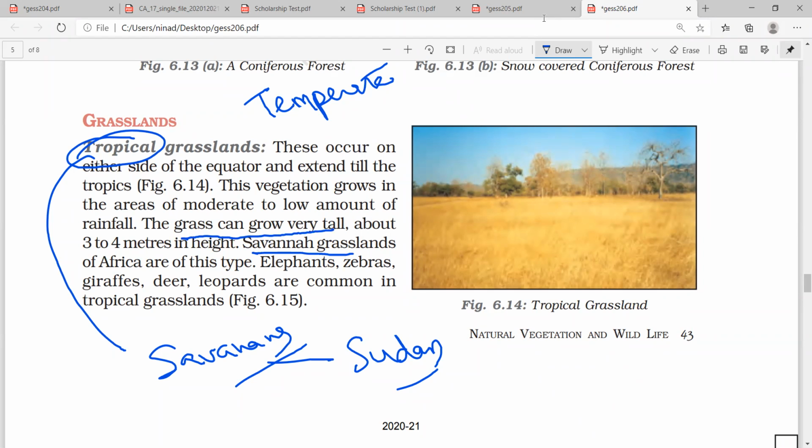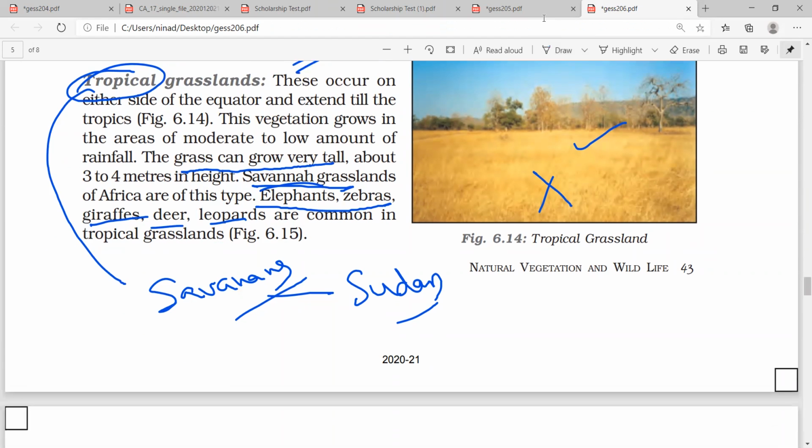They are very famous for herbivores: elephant, zebra, giraffe, deer, leopard. It will not be greenish because it is tropical, with a lot of dryness. Whereas temperate grassland will be very green and also highly nutritious.